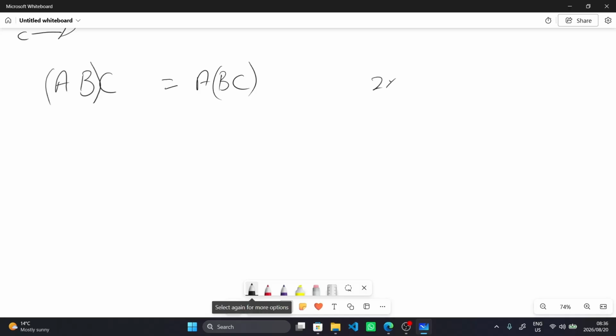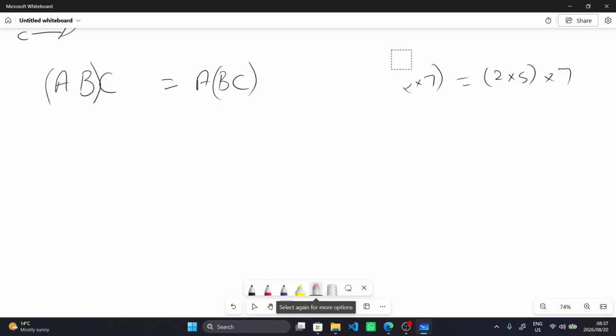If you say 2 times 5 times 7, you group 5 and 7, it's still going to give you the same result as if you group 2 times 5 first, right? So associative law is just that regardless of how you group them, the result is the same. Also just remember it only works if all of them are addition or if all of them are multiplication, right?